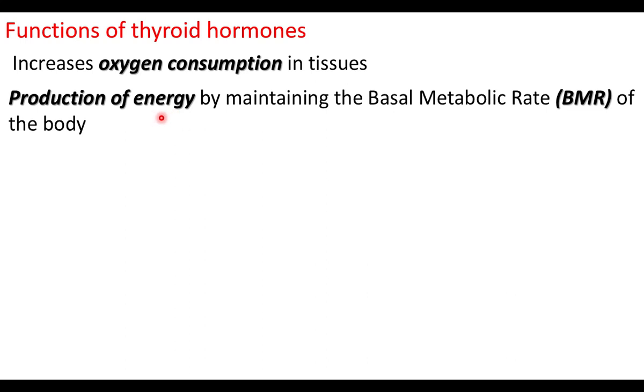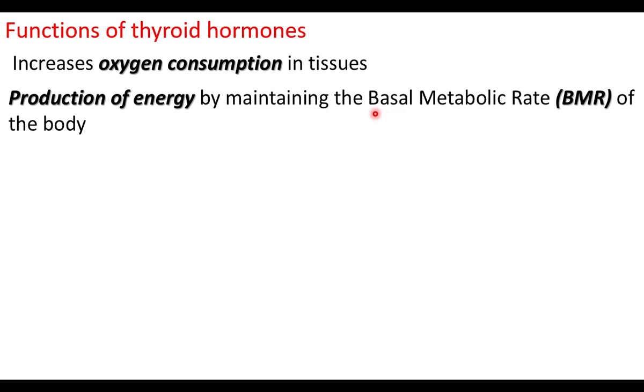The hormones maintain energy production and maintain BMR, basal metabolic rate. What is metabolism? Biochemical activities occurring inside our body are collectively called metabolic activities. Basal metabolic activities means the metabolic activities which take place when the body is at rest.